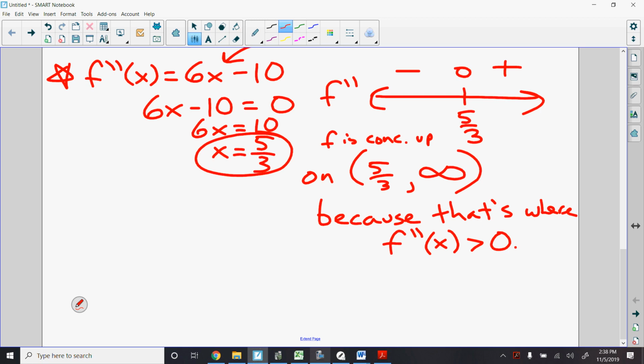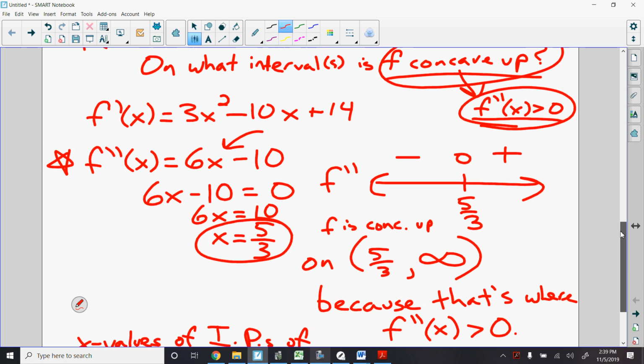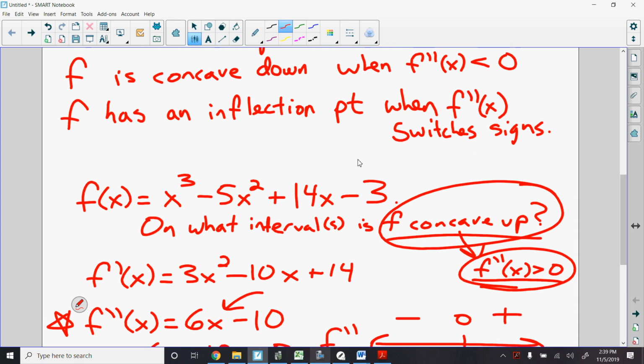But what about this question? What are the x values of the inflection points of f? So I told you the definition, right? If you look back in your notes just a little bit, I told you the definition is f has an inflection point when f double prime switches signs.